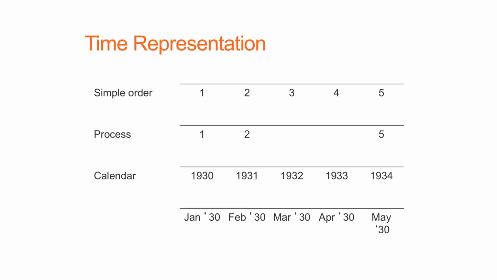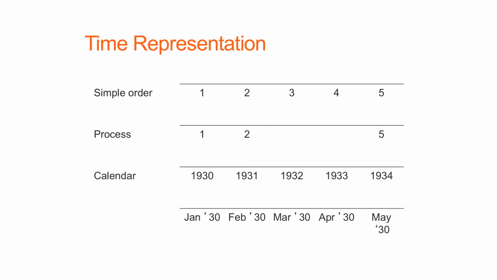Time can be represented several different ways in sequence analysis, depending on how the data were collected and analysts' decisions about how to handle the data for further analysis. So at the top, we have simple ordering, just an ordinal scale, 1, 2, 3, 4, 5. And we can look at, say, 5 events if we don't care too much about the timing or duration of them.